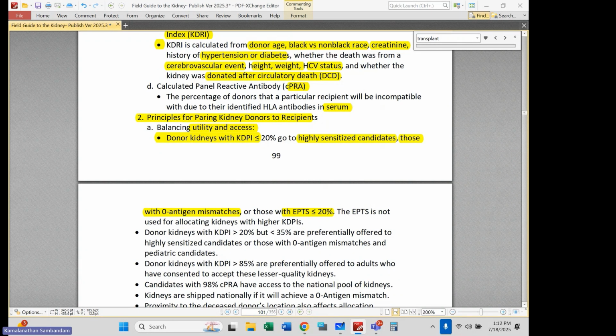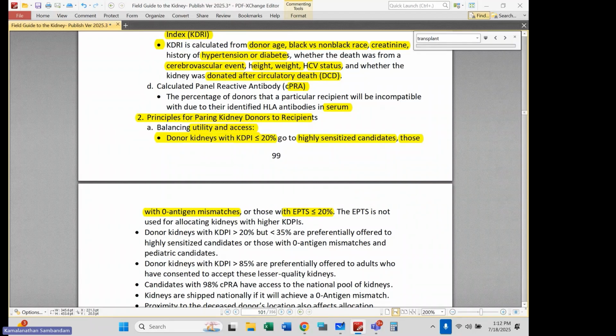Or if you have low EPTS scores, you can have access to these low KDPI kidneys. So those three groups: highly sensitized, zero antigen mismatches, or the relatively healthy EPTS score patients.